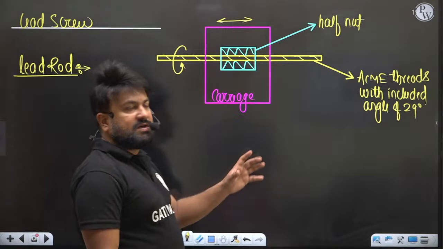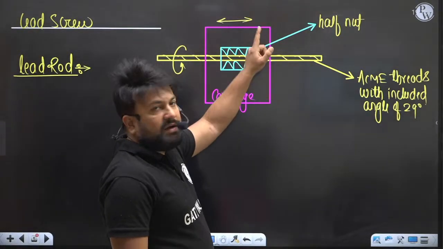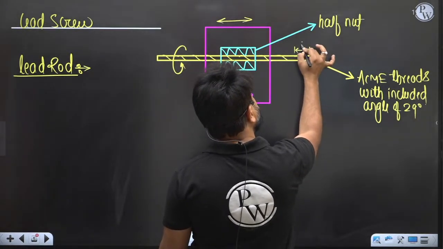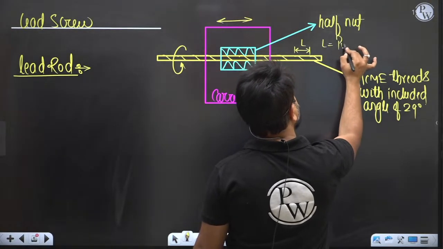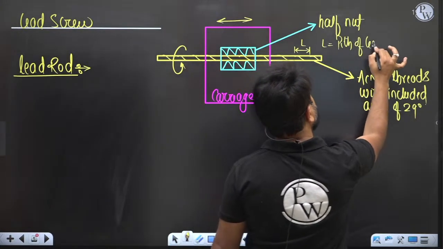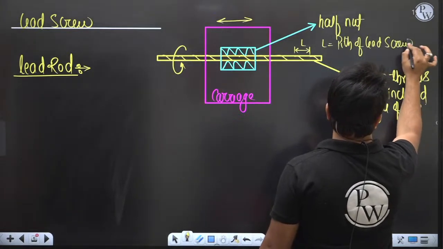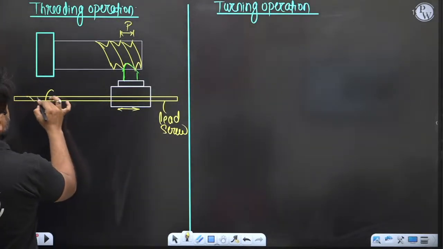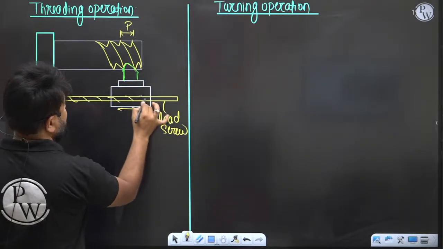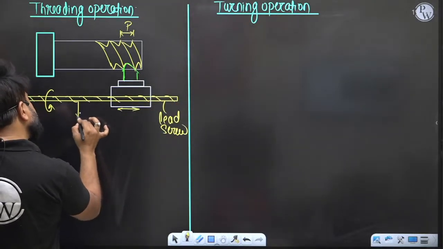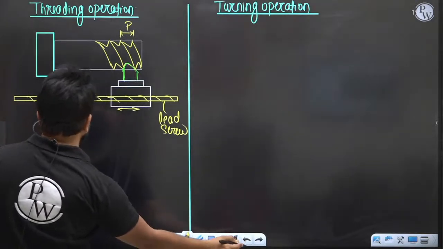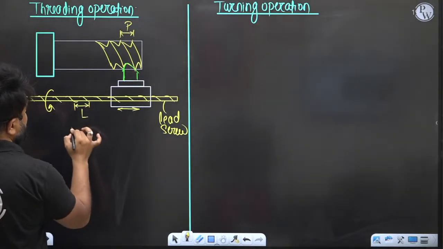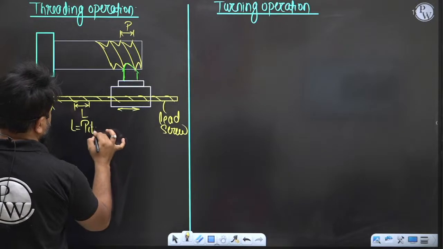My dear, if you talk about the lead screw again, the lead screw has an Acme thread, so it has some pitch. That is L. L is the pitch of the lead screw.